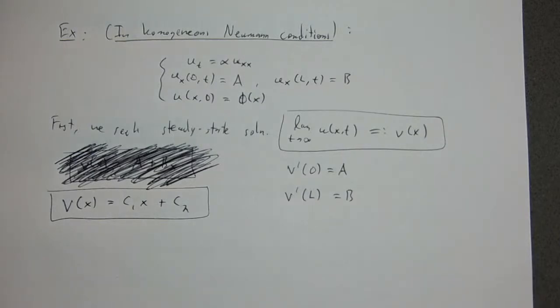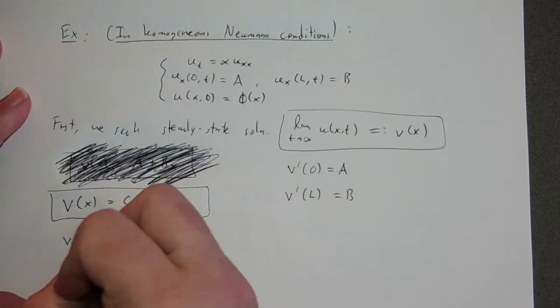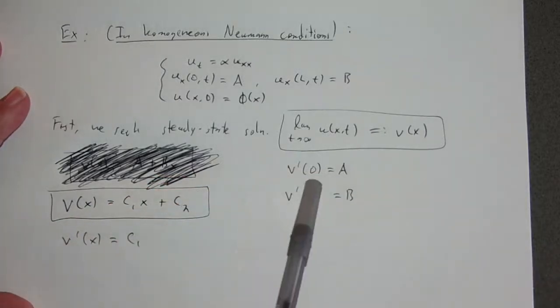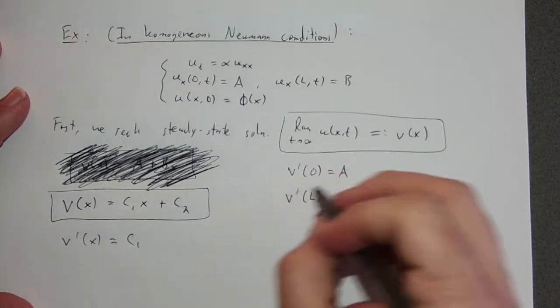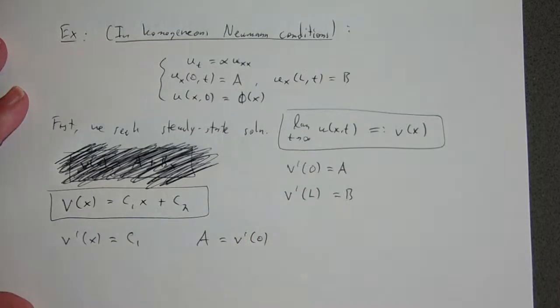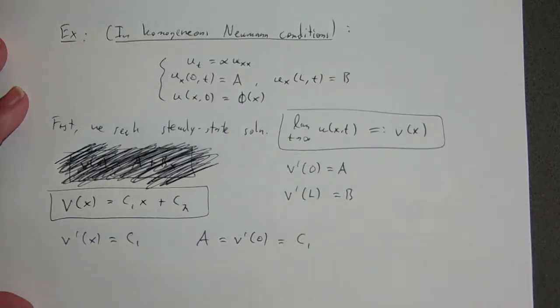Okay, and so v prime of x, of course, is going to be C1. So A is v prime of 0, and v prime of 0, of course, is C1.